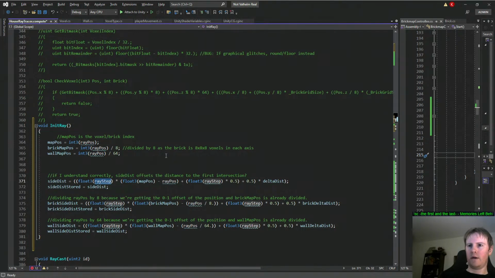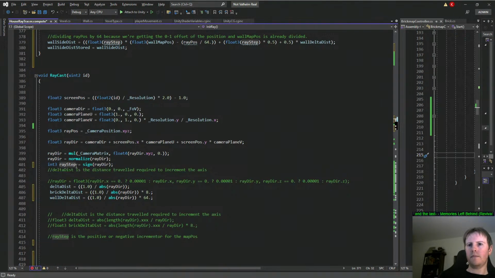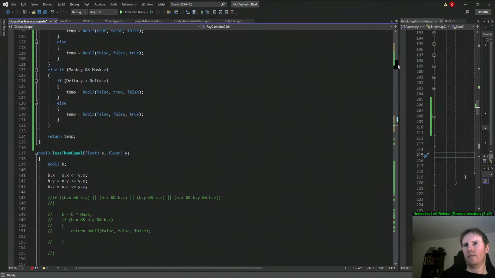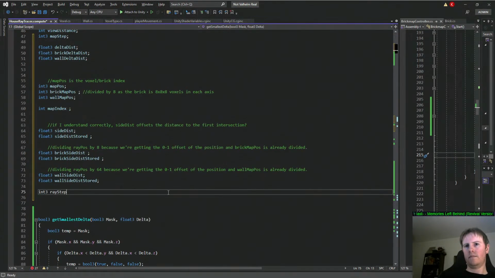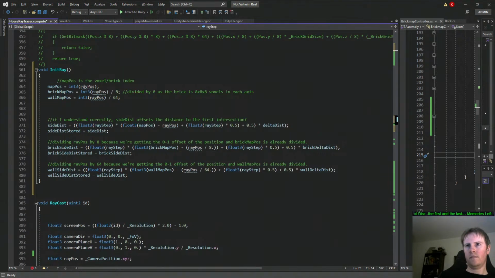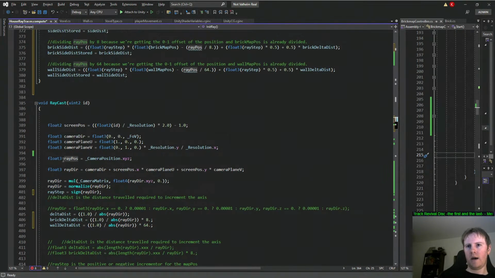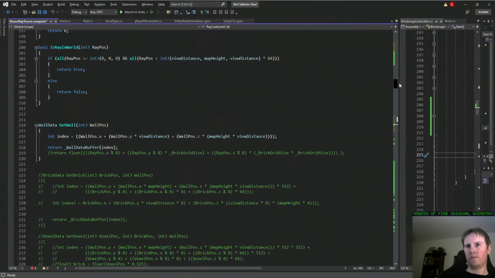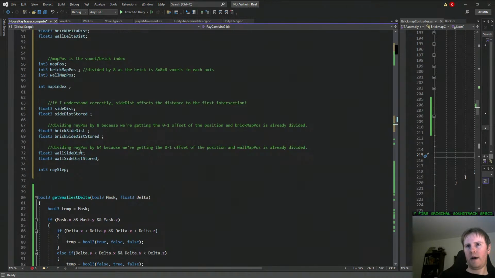Okay, it does need raised up here. Ray position is there. Okay, they need to be global so I can use them without passing them in.